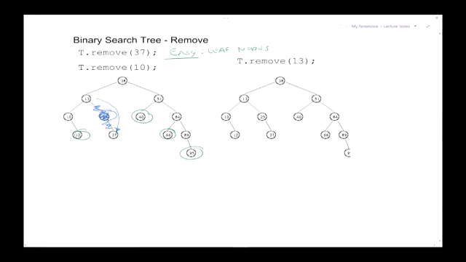So now we have been able to delete the node by simply maintaining the continuity of the list. So deleting a node with 0 children, really easy. You can just delete it directly.